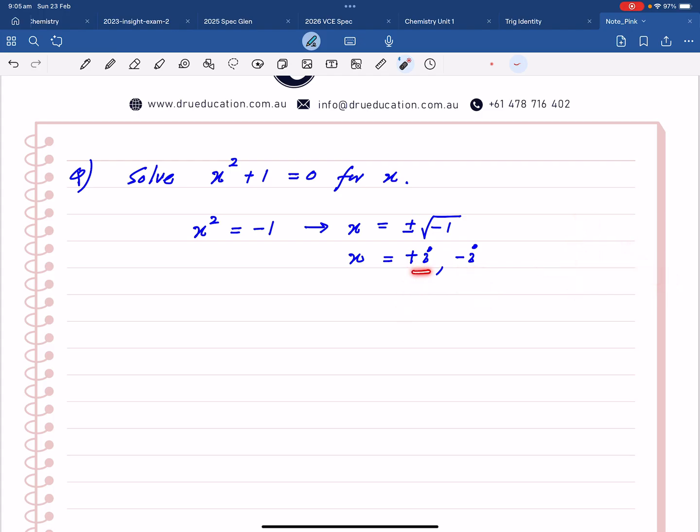But these are not x, y numbers. Because of that, we cannot represent this in the Cartesian plane. Because of that, we need another system to represent it, and that system is called the Argand diagram.